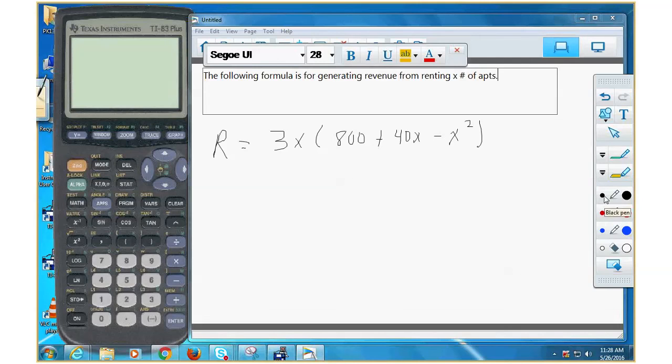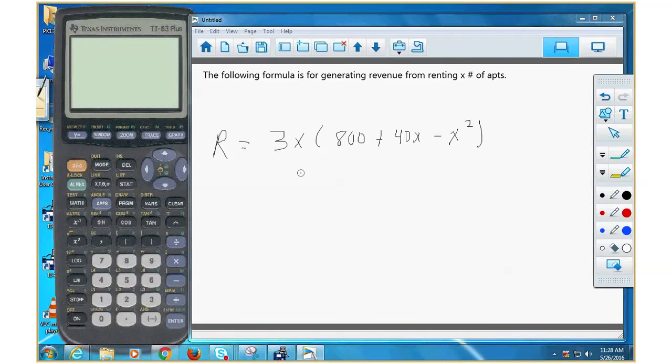So if you want to find the rate of change at any point, that's going to be equal to 2,400X plus 120X squared minus 3X to the what? Cubed. And we'll write that down as R prime.